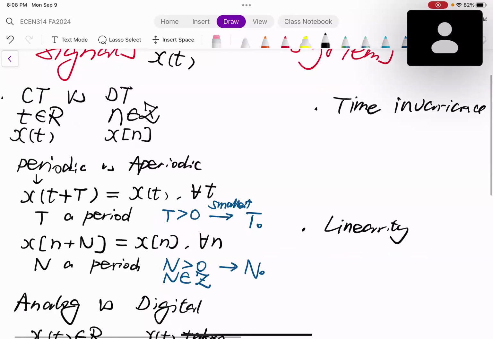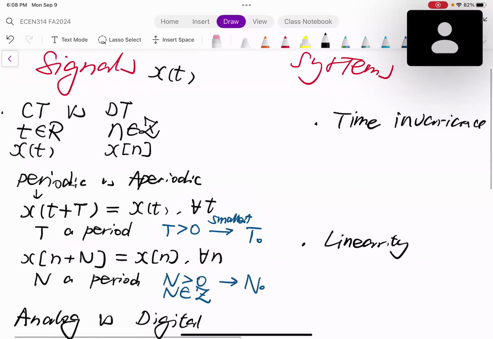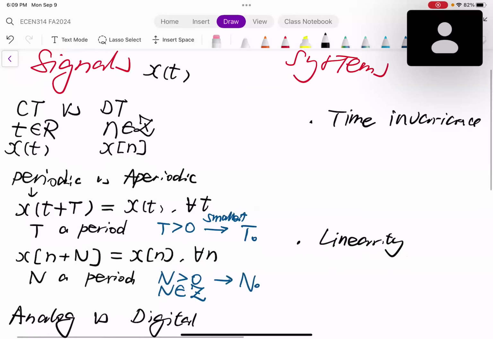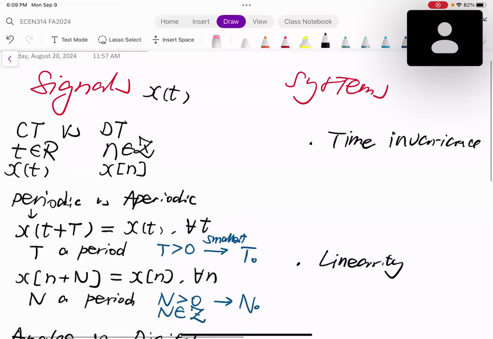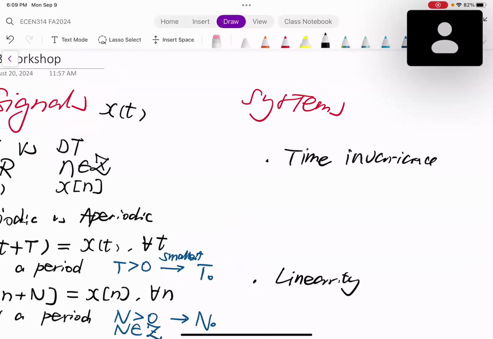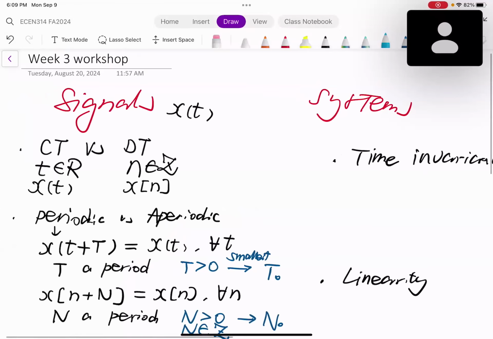In the case of time invariance, we're talking about some transformation of the signal as an input to the system leading to the same transformation of the output, right? So in this case, we're dealing with something we have learned, that is the transformation.